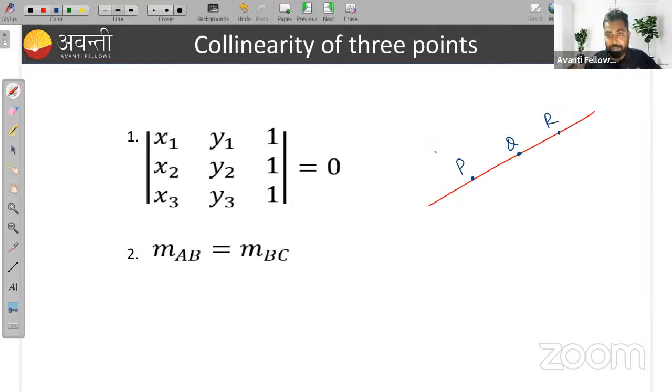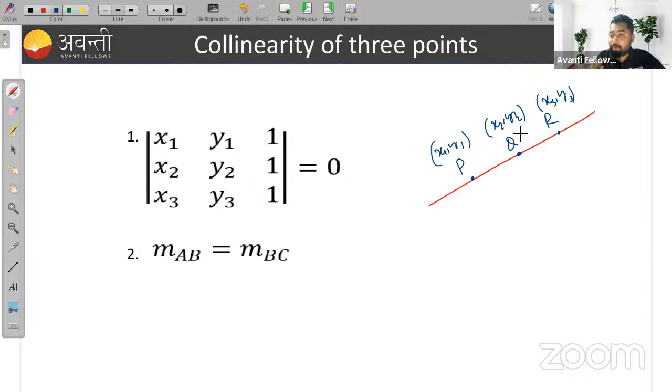Suppose the coordinates of P are x1, y1, of Q are x2, y2, and of R are x3, y3. Then they are collinear when this determinant is 0, because only 3 non-collinear points can form a triangle. 3 collinear points cannot form a triangle.